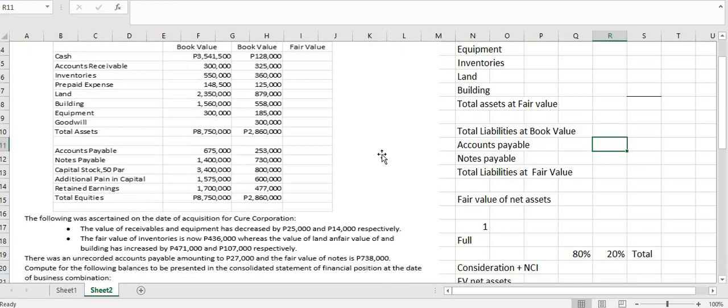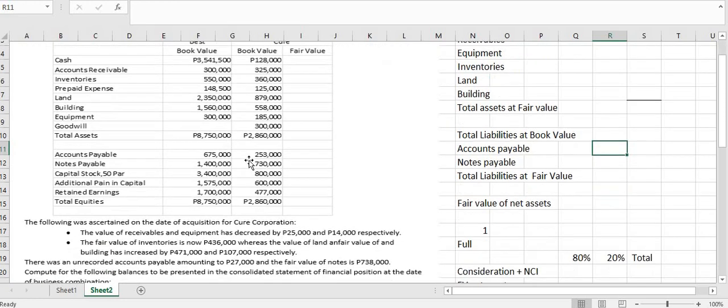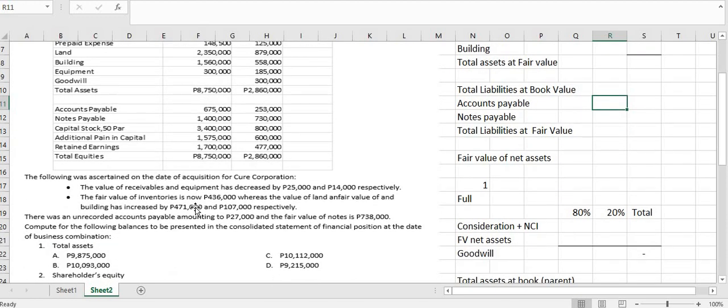Okay, so we have here the separate FS of Best Corporation and Cure Corporation, both at book value. So the following was ascertained on the date of acquisition for Cure Corporation. So the value of receivables and equipment had decreased by 25,000 and 14,000 respectively.